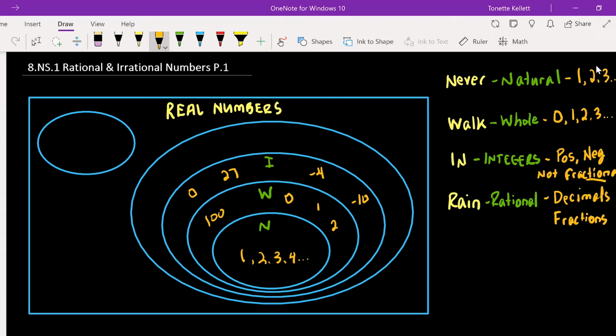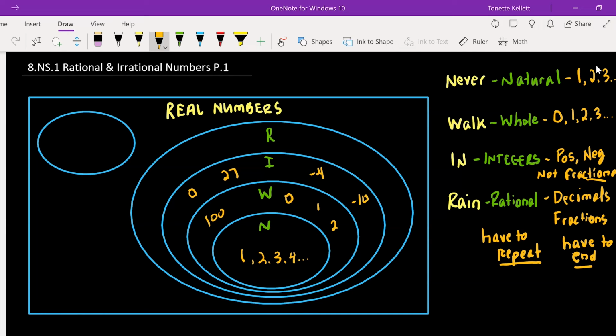This is an R for rational, and the thing is the decimals have to repeat or they have to end.